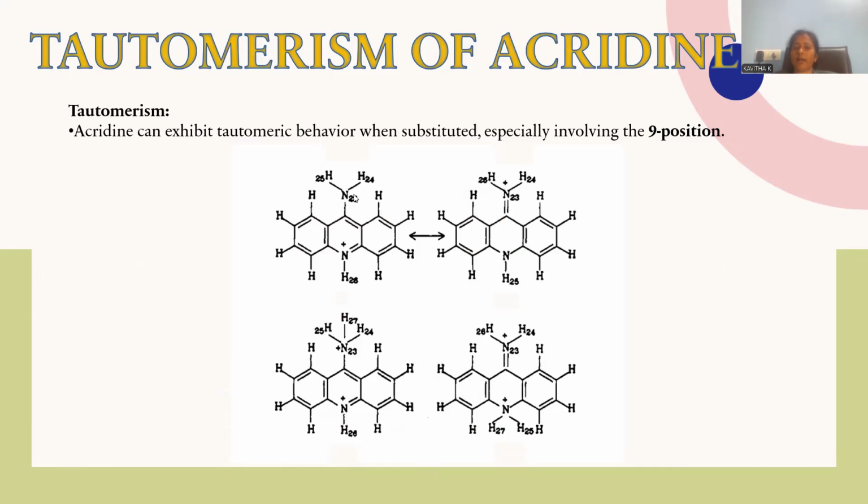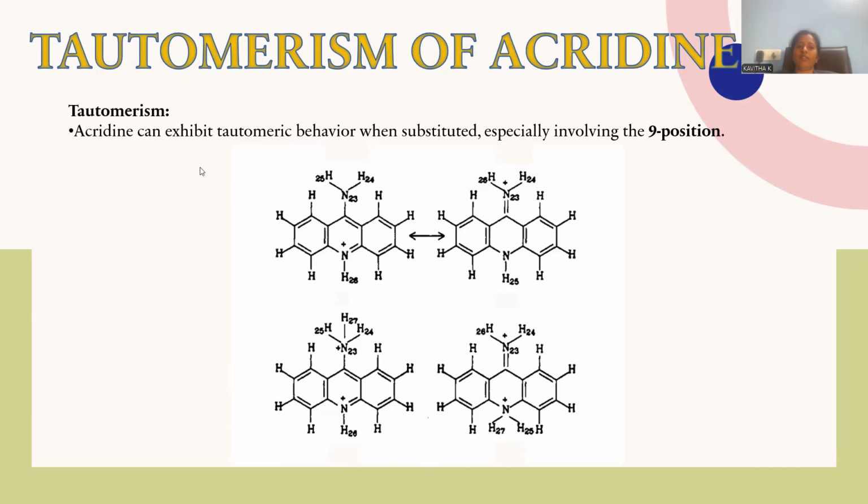Tautomerism is represented by this delocalization of the electrons, and two possible interconversions you can observe. In the same manner, if you have a quaternary nitrogen that participates in double bond formation, that is also able to give a tautomer.